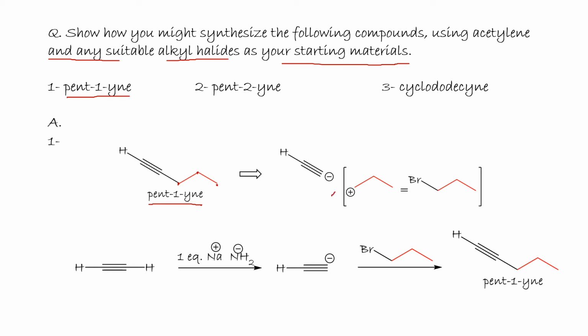So we start with acetylide and an alkyl halide containing 3 carbons, that will be propyl bromide, for example. Acetylene reacts with one equivalent of sodium amide to form acetylide, and acetylide with a primary alkyl halide, propyl bromide, will form the desired target compound, 1-pentyne.